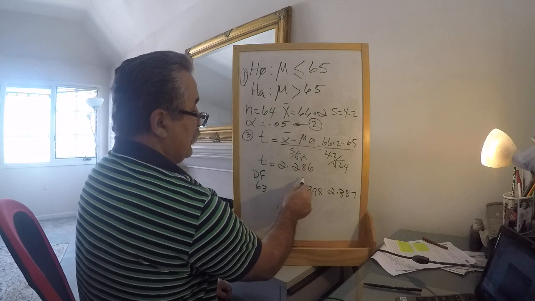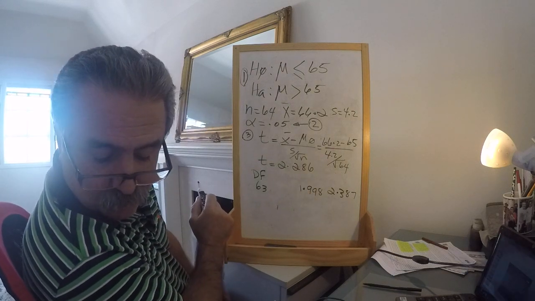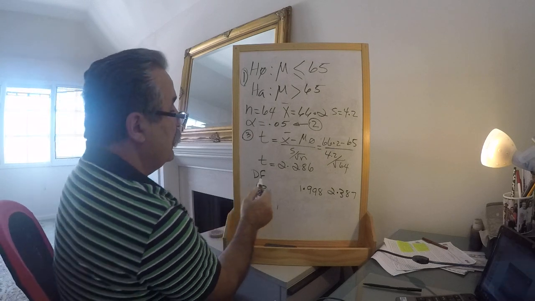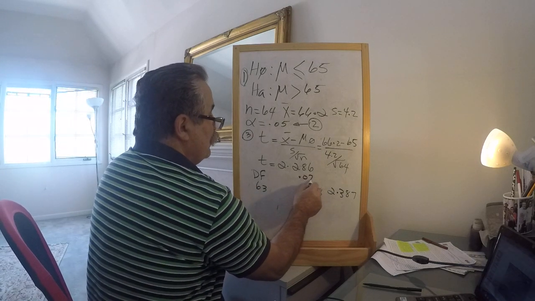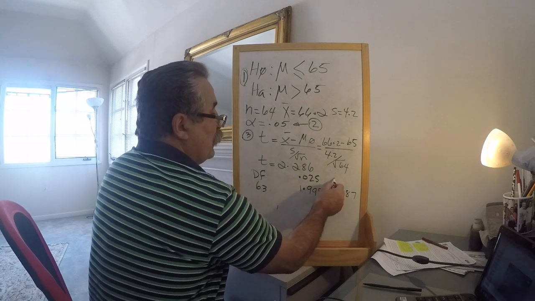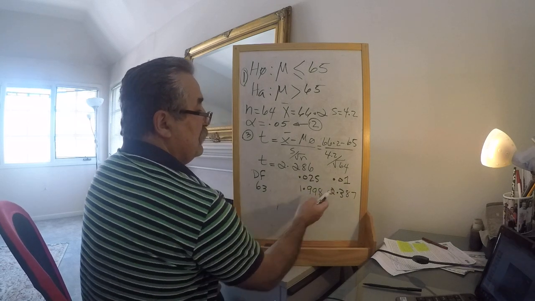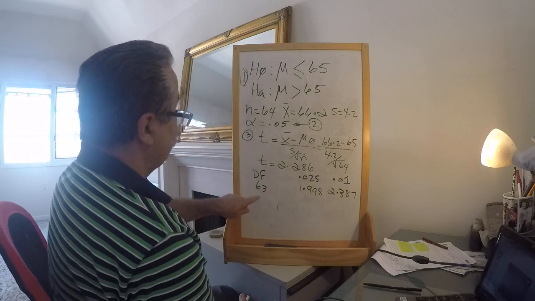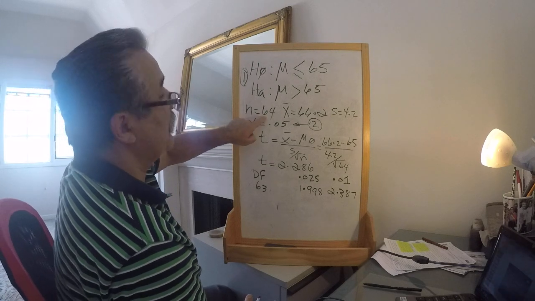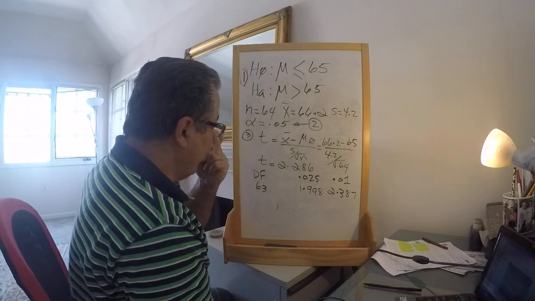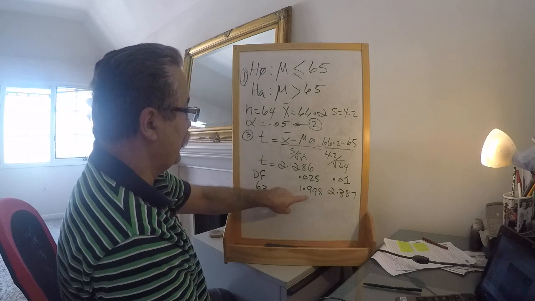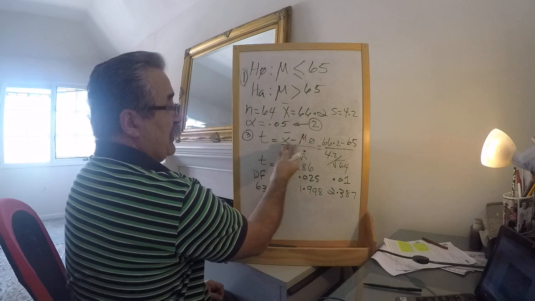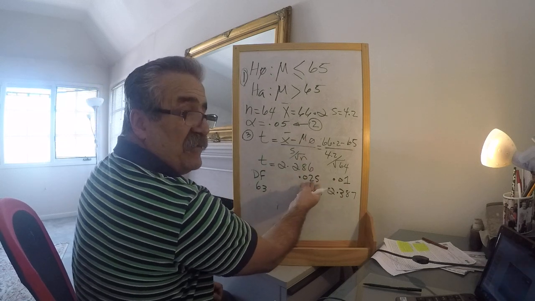Now, if you go on top, those boldface values, for 1.998 you will see this is 0.025, this is 0.01. These are the p-values, okay? Now look, for 64 minus 1, 63, we go there, we want to find the t that we calculated, to see what the p-value is.